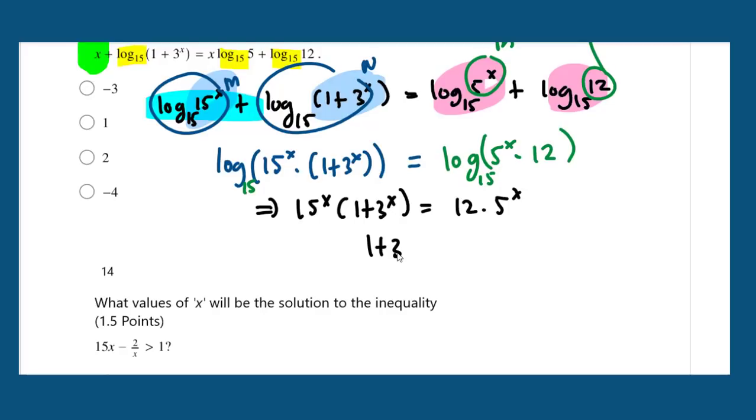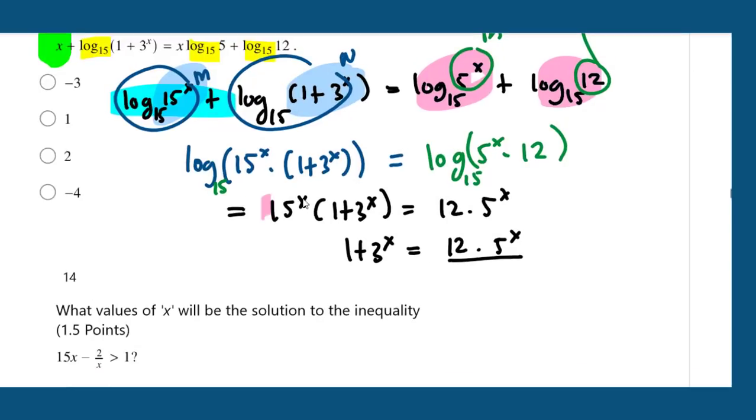Try to simplify: 12 over 5 power x. 15 power x is equal to 3 times 5 to the power x, which is 3 power x times 5 power x. And check, same answer.